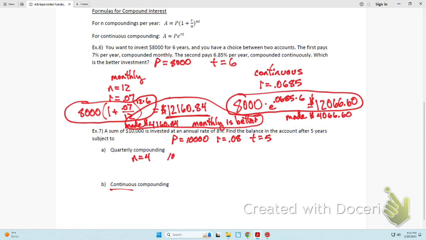So this is 10,000 all raised to the NT. This one is 10,000 to the RT. All right, let's see which one wins.